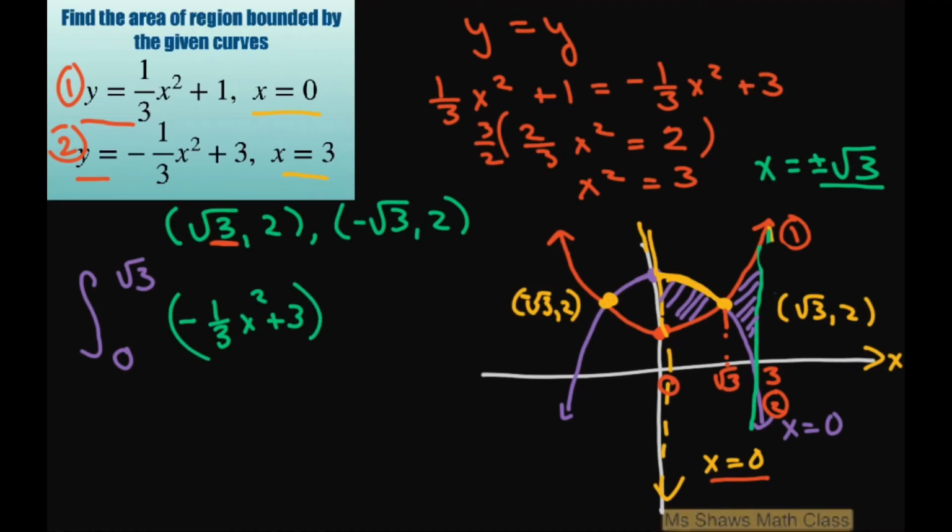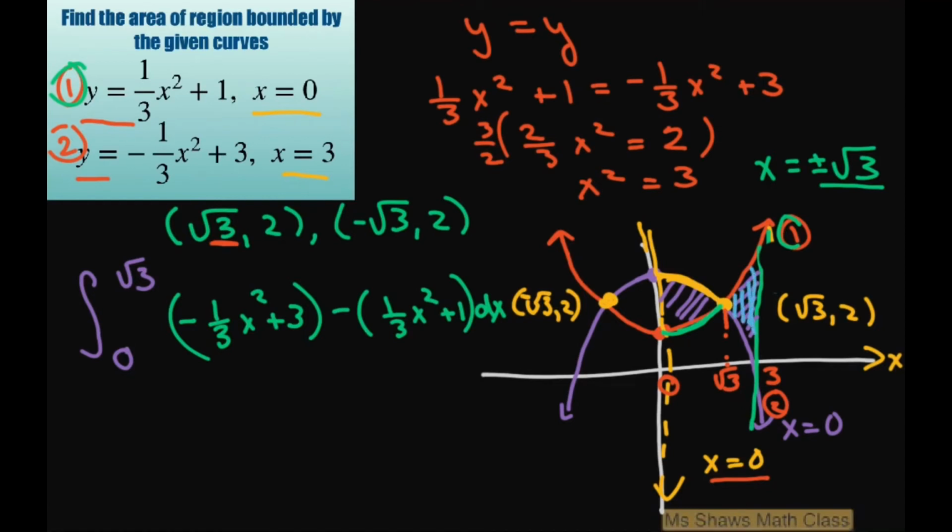The lower bound of this curve goes with equation 1, so you subtract 1/3 x squared plus 1, and this is dx.